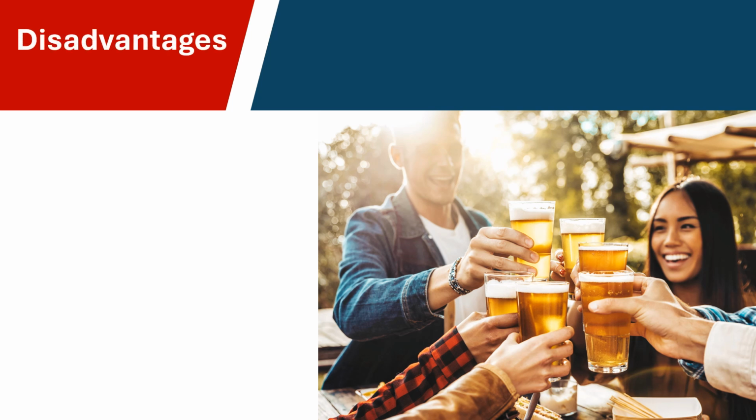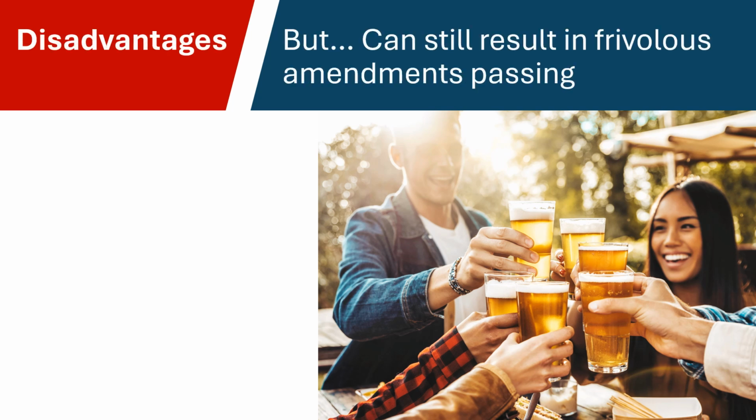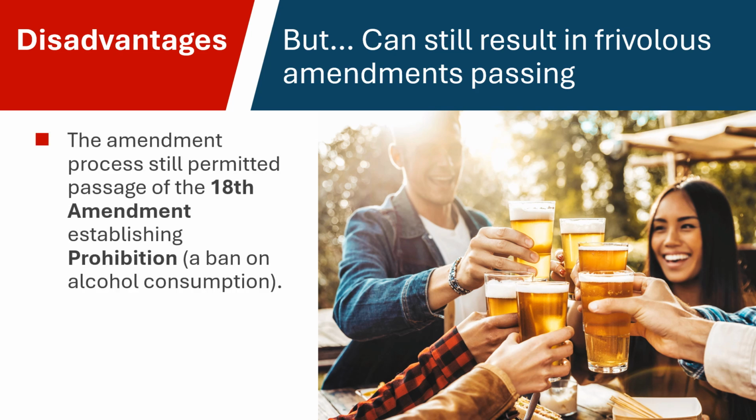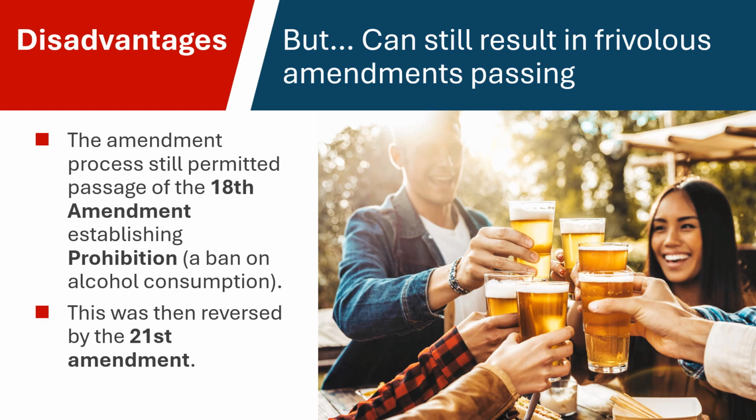However, the amendment process is not immune to allowing frivolous amendments to pass. The amendment process still permitted passage of the 18th Amendment, which introduced prohibition, a ban on alcohol consumption. This was then reversed by the 21st Amendment.